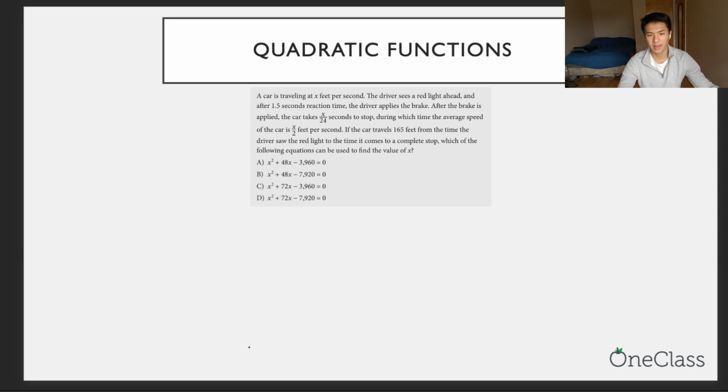Okay, and then the last quadratic question we have here. This question is really saying, can we apply our knowledge of what the quadratic form looks like, and also our ability to manipulate variables to basically translate a word problem into a quadratic equation, right?